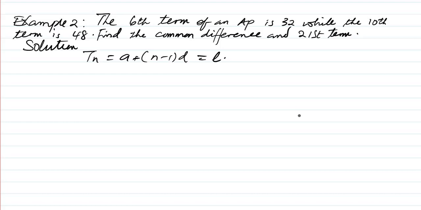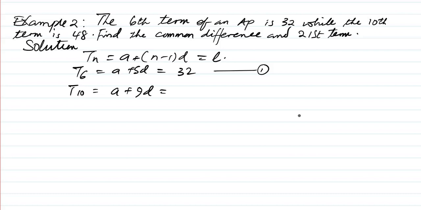So when you have this, T6 is equal to a plus 5d, and this will be equal to 32. That's equation 1. And T10 will be equal to a plus 9d, and that's 48. Equation 2.